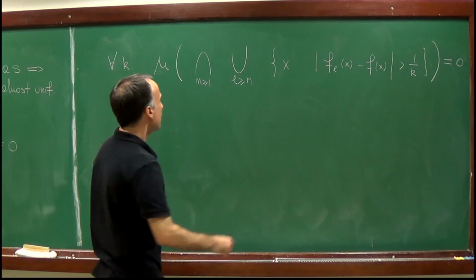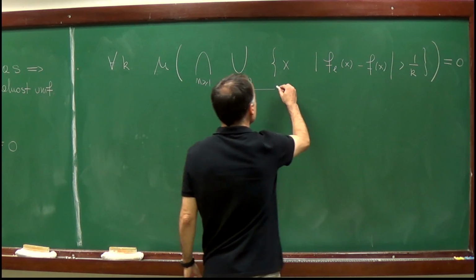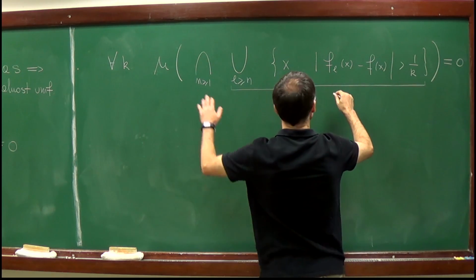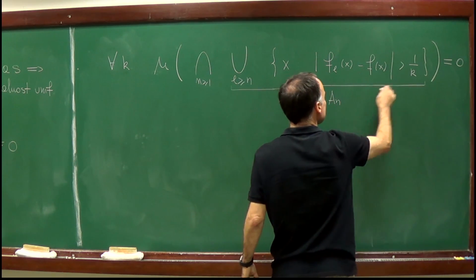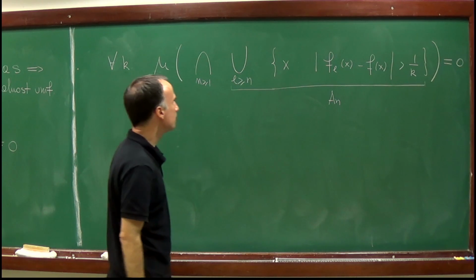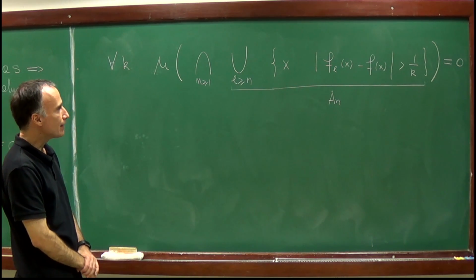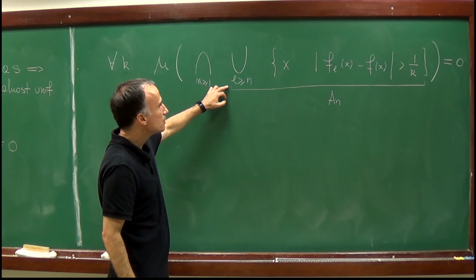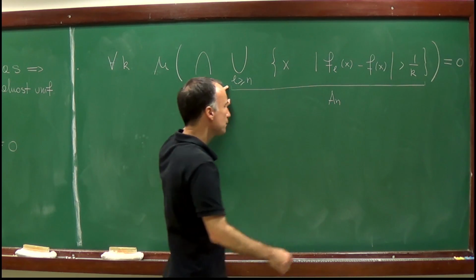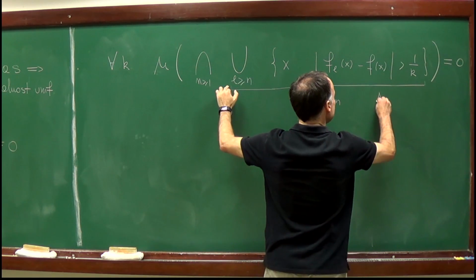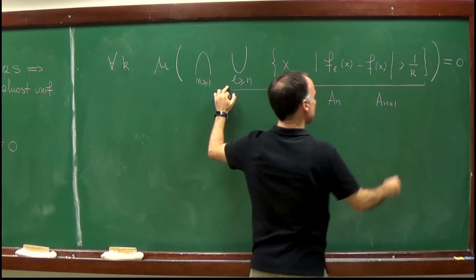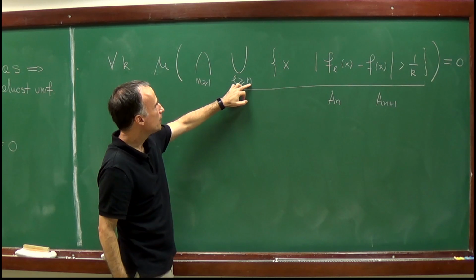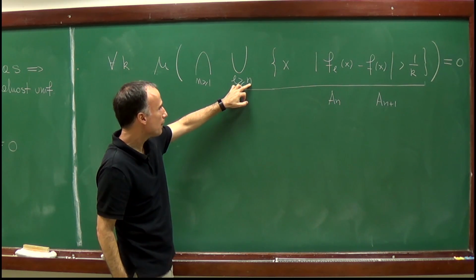Now, let's observe what we have here. K is fixed, so let's forget this dependence on k. Let me call this set An. What I claim is that this is a decreasing sequence of sets. So let's compare An with the set An plus 1. The set An plus 1 means that this union is starting at n plus 1.